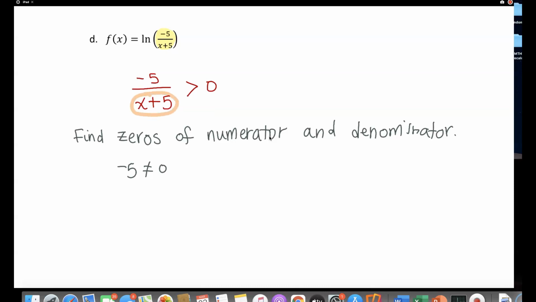It looks like x equals -5 will make that. So x plus 5 equals 0, and that's going to give you x equals -5. That is the only zero of the numerator and the denominator, so that's the only number that we're going to have to test.